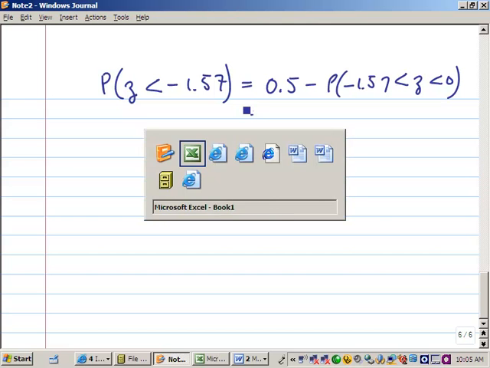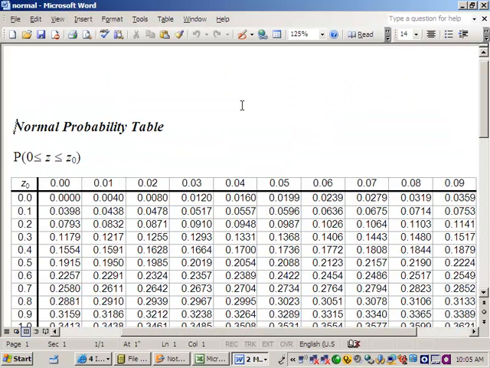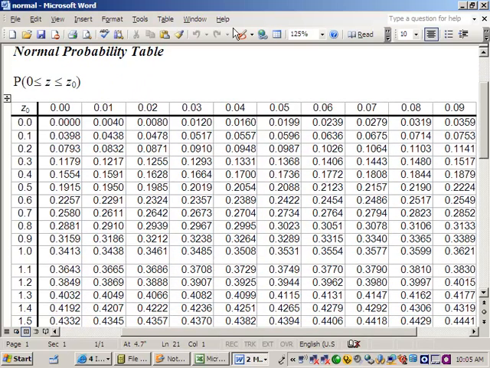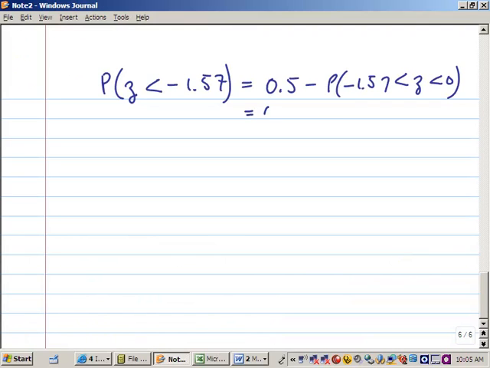Let's find it in the normal distribution tables. 1.57. It's 0.4418. And the answer to that will be 0.0582.